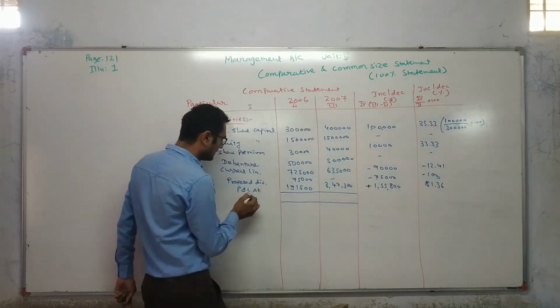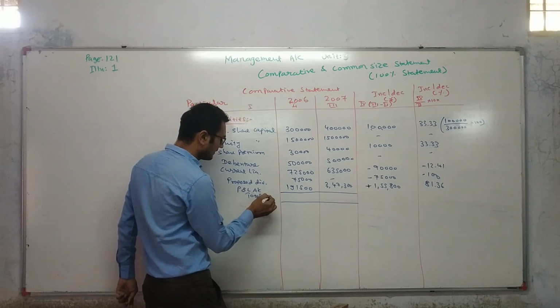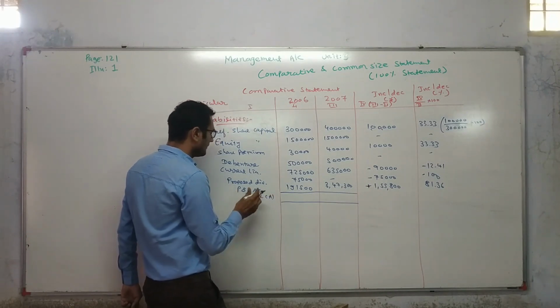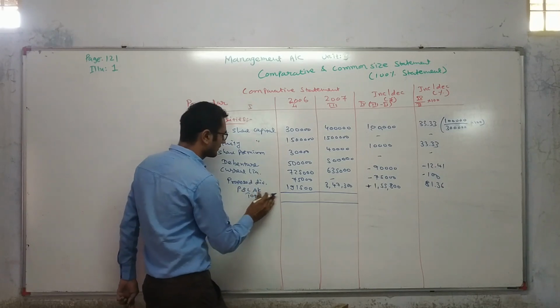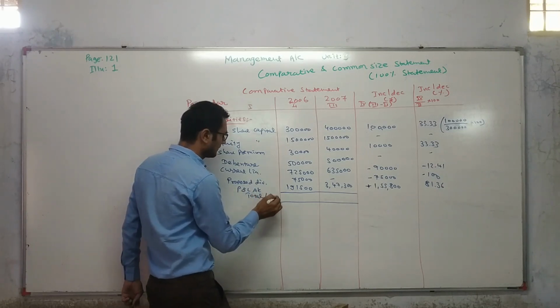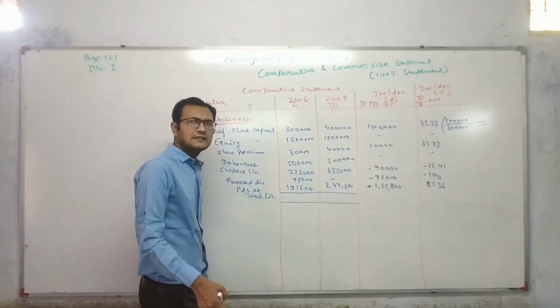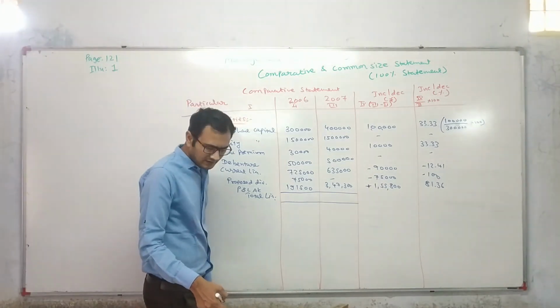Now the total liabilities. Say it is a balance sheet. Total would be given in the sum.